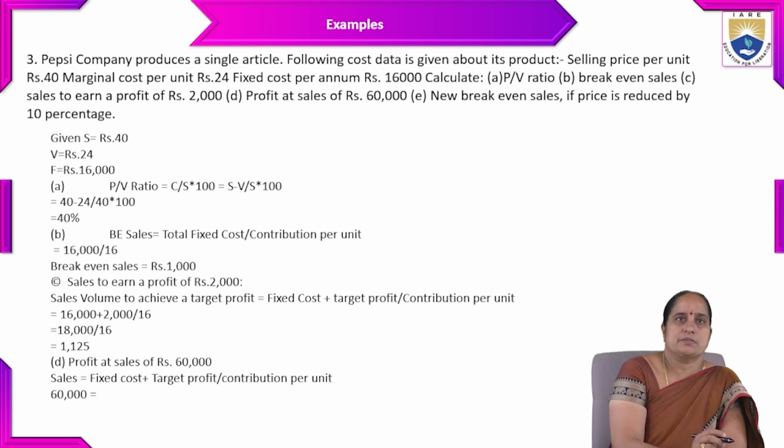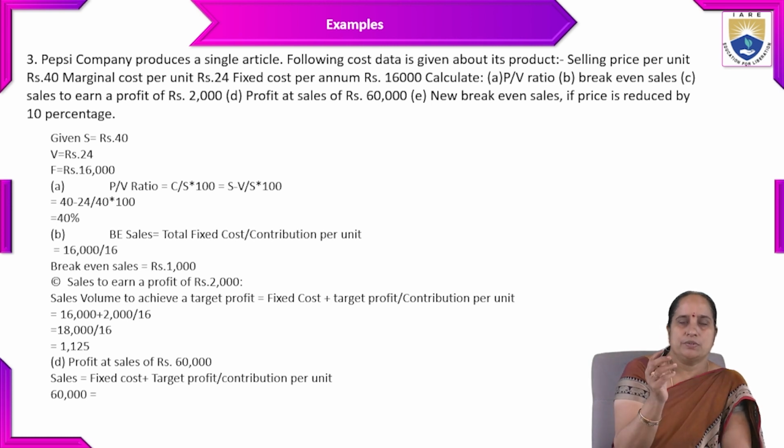Then break-even sales is derived with the help of the formula total fixed cost divided by contribution per unit. Total fixed cost is 16,000, which is given in the problem, divided by contribution per unit, that is 16 rupees. So we have calculated 1000 rupees as break-even sales.